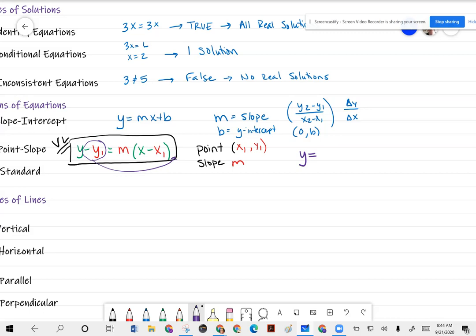So I've got our m, and we have our x1 point, and what's nice about this is that we just get to add our y1. So our x and our y are right there. That's going to come in handy when we start working with transformations. So this is also point slope, but this is what Mrs. Allen wants.